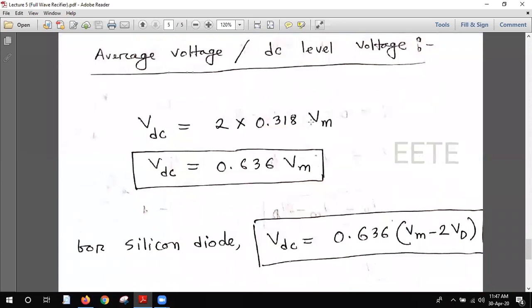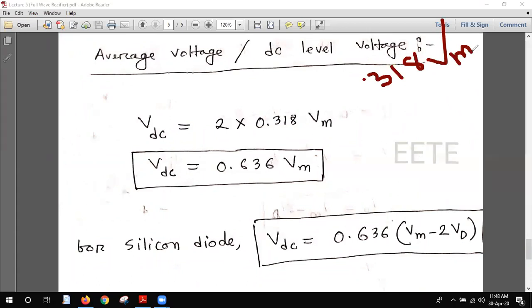Next, the average voltage. In the last class, we saw the average voltage for the half wave was 0.318 Vm, and the half wave has only one side.